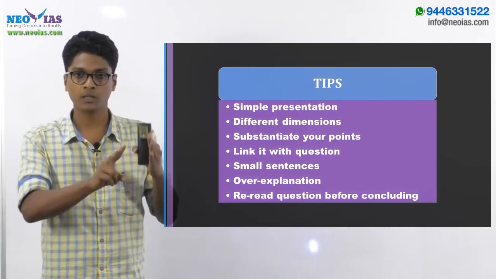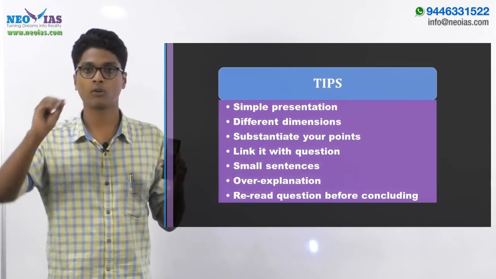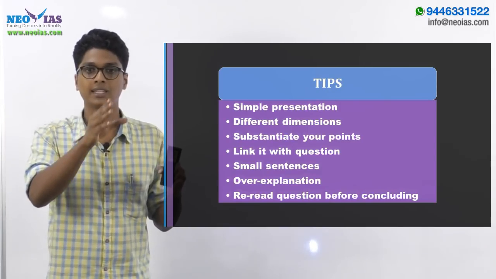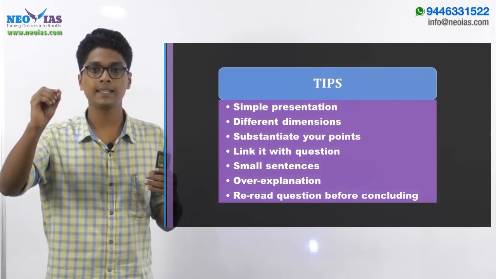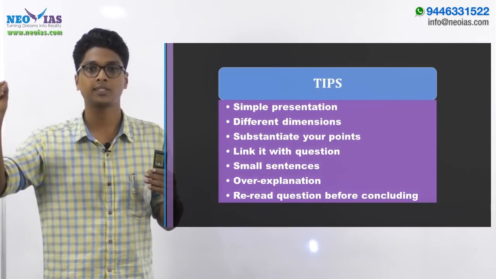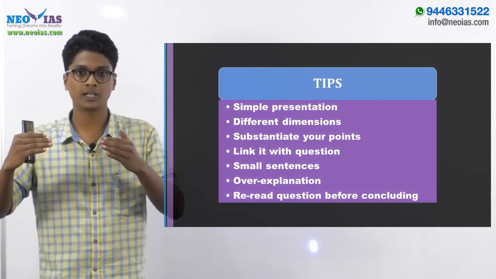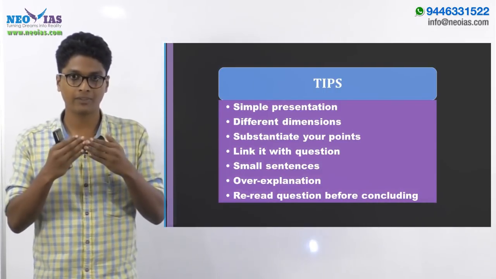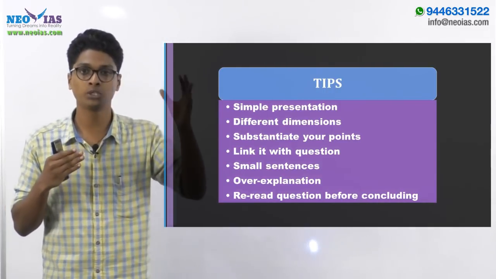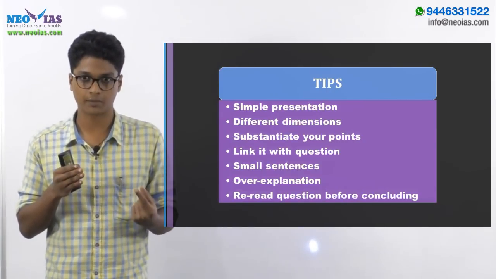Another person writes the same line, and then adds, for example, Mumbai receives on average 90 centimeters of rainfall, meanwhile Delhi receives just 55 centimeters. So the second person is substantiating that point. From the perspective of an evaluator, this will leave a huge impression. So whatever points you are writing should be substantiated.